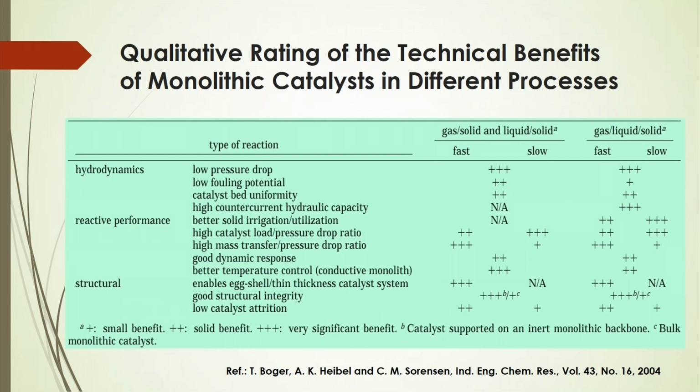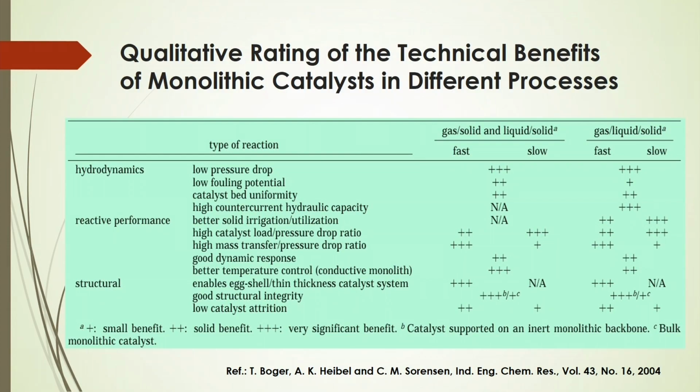Here, the plus indicated in this figure A, B, C: plus is small benefit, double plus is solid benefit, and triple plus is very significant benefit. Catalyst supported on an inert monolithic backbone will also be considered in the case of the catalytic structure of the monolithic reactor. And also bulk monolithic catalyst is to be considered, whether there is good structural integrity or not, for fast or slow reactions of gas-solid or liquid-solid reactions.